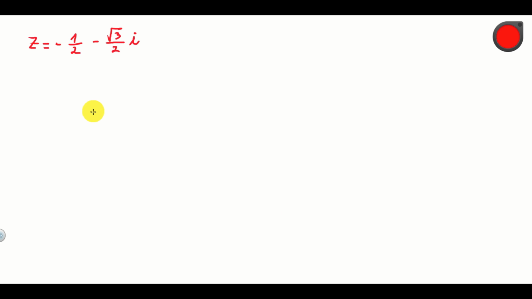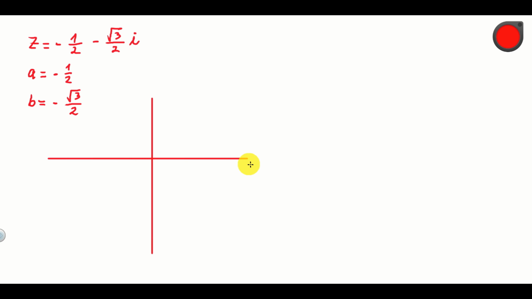Here's our third problem. A is equal to minus 1 over 2, b is equal to minus square root of 3 over 2, and let's sketch this complex number.